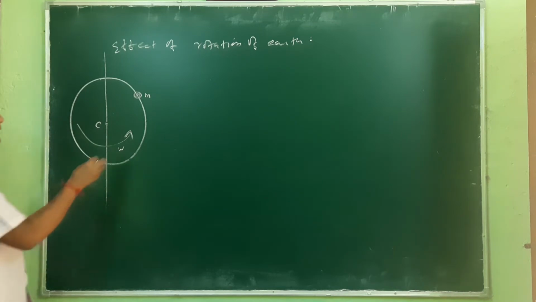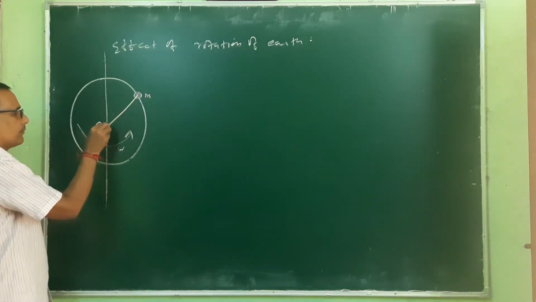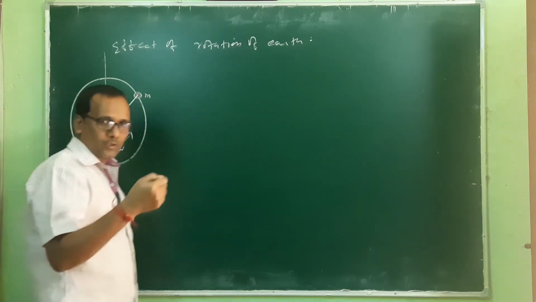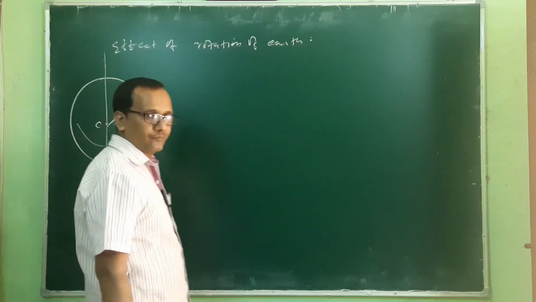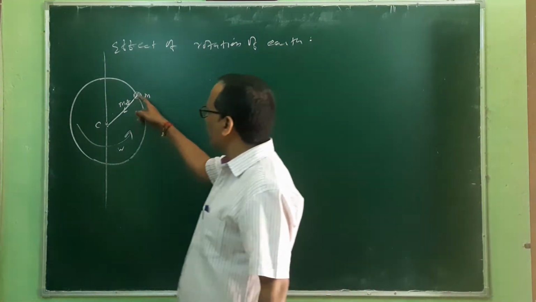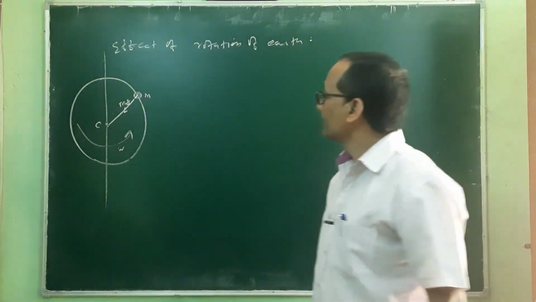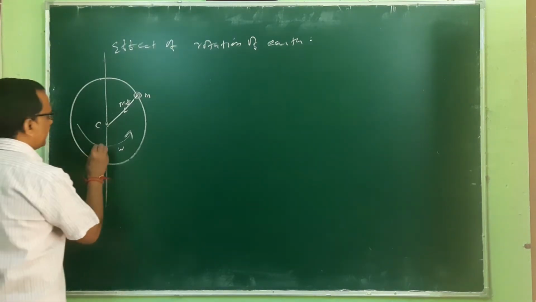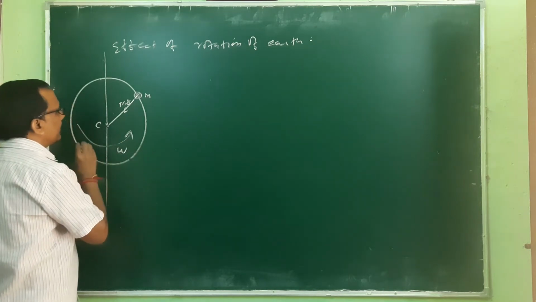The weight of that object, which is actually the force applied by our Earth toward the center, is mg. So this is the force, the weight toward the center of Earth. Now, let us see the effect of the rotation of our Earth. It is moving with a constant angular velocity omega.